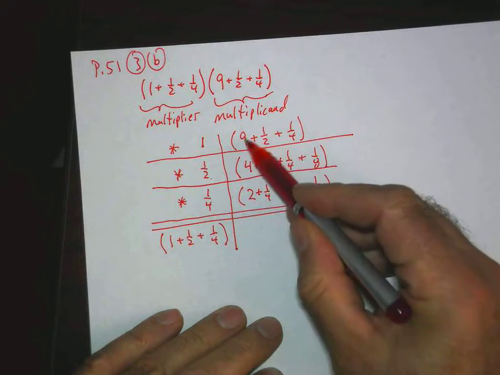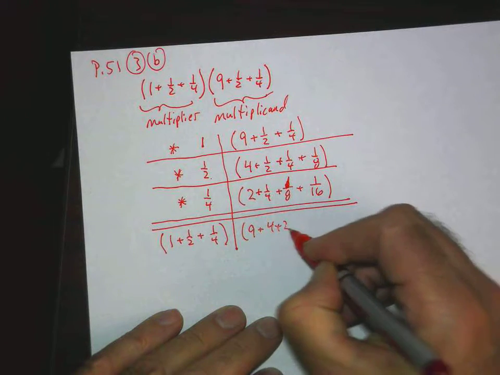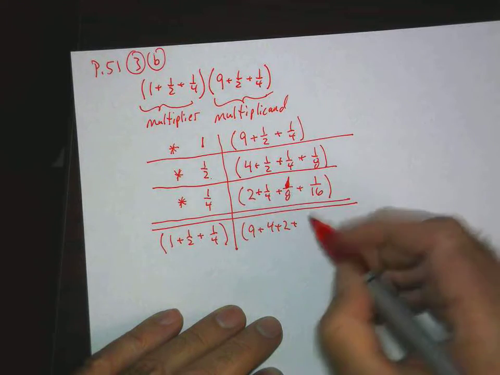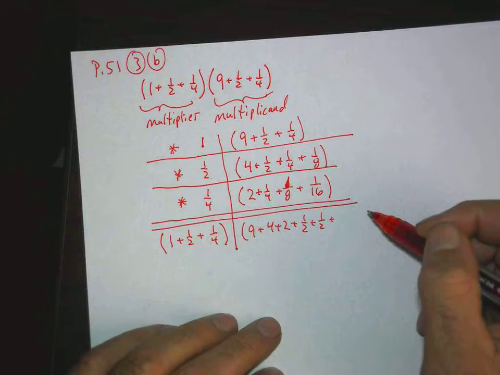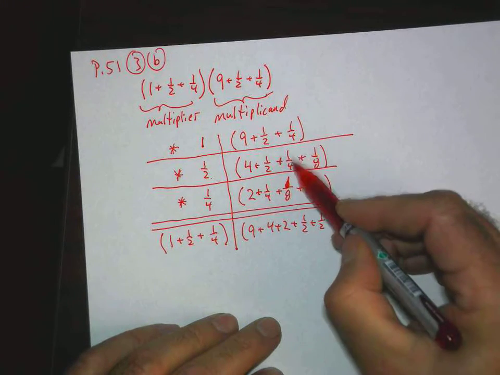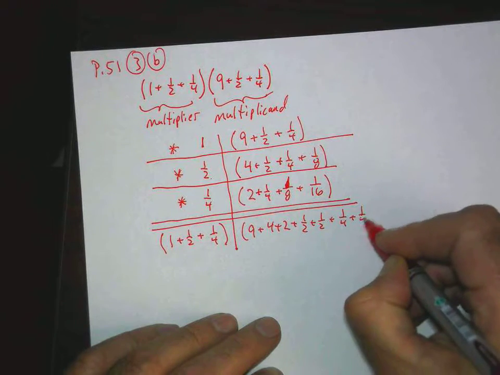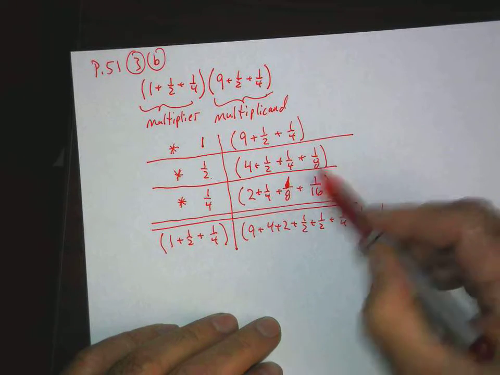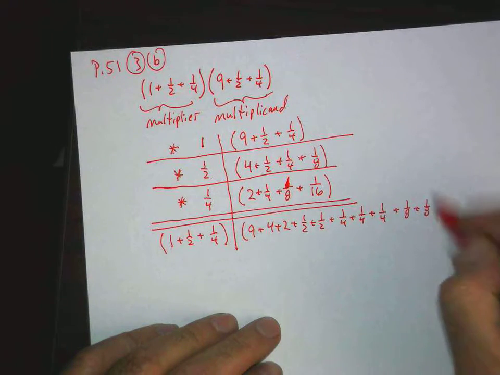I'm going to take the whole numbers first. 9 plus 4 plus 2. Then I'm going to take the halves. 1/2 plus 1/2. Then I'll take the quarters. 1/4 plus 1/4 plus 1/4. And then I'll take the 1/8. And then the 1/16.